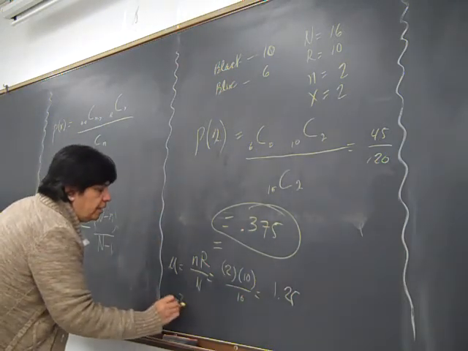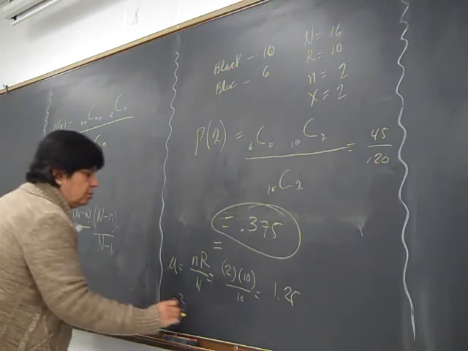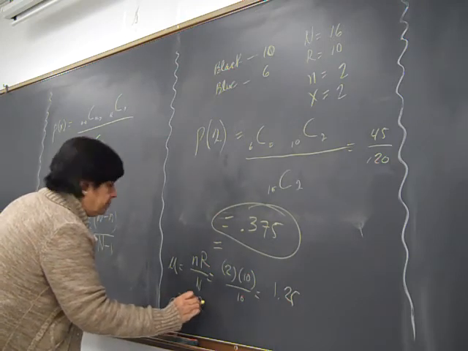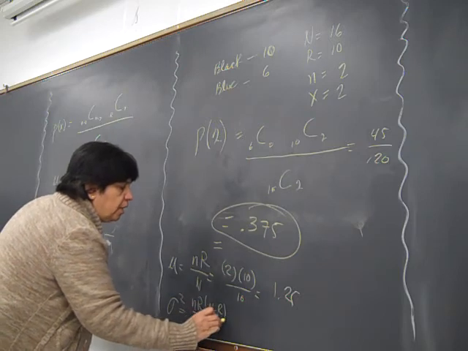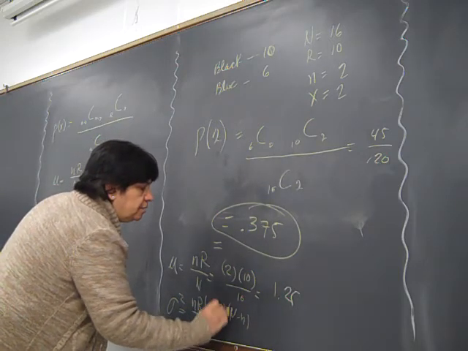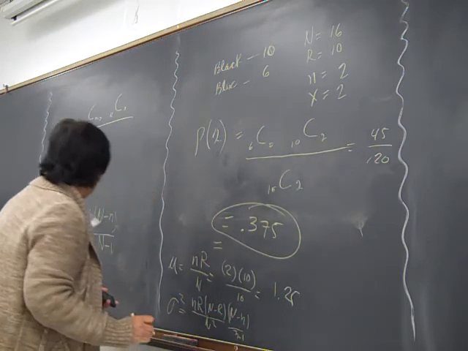And the variance is equal to nr times (N minus r) times (N minus n), divided by N squared times (N minus 1).